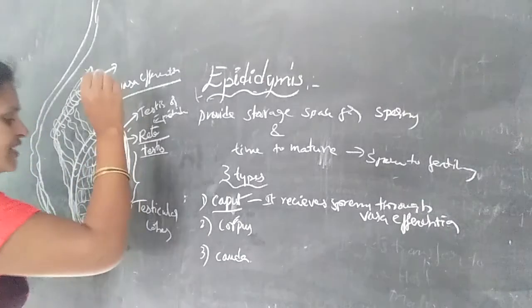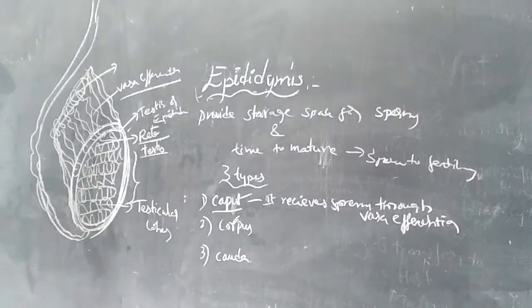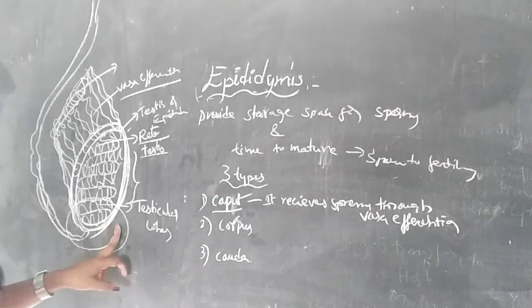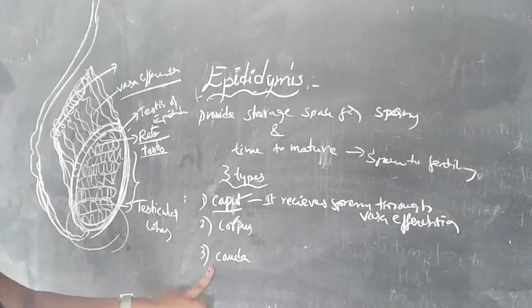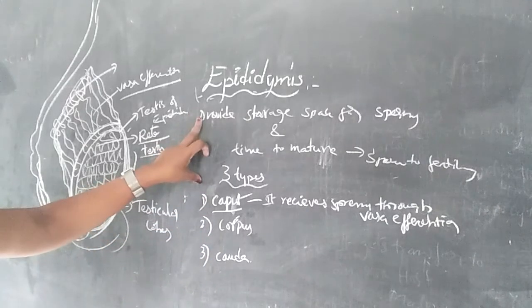This is the anterior part, and the last one is the cauda epididymis, the posterior part of the epididymis. Caput, corpus, cauda: these are the 3 types of epididymis.